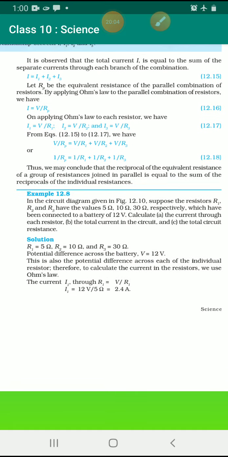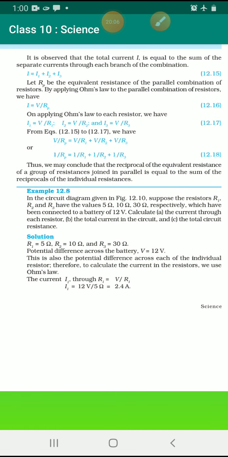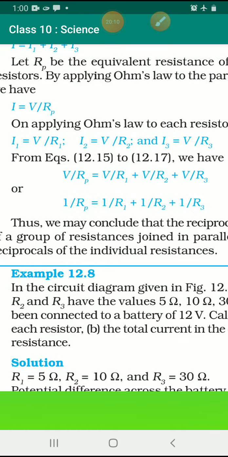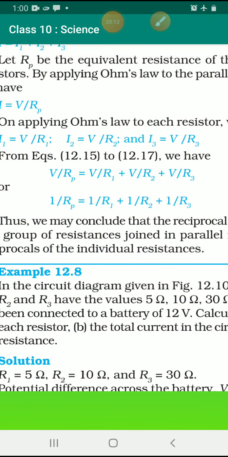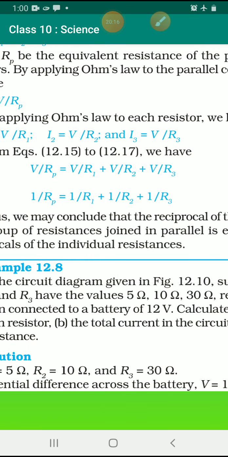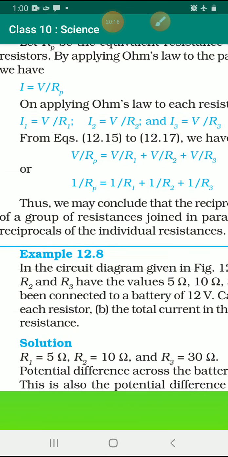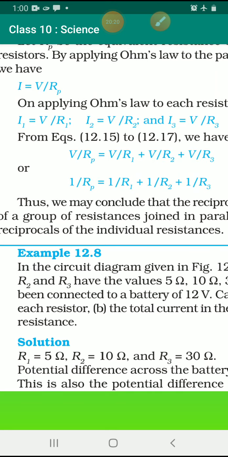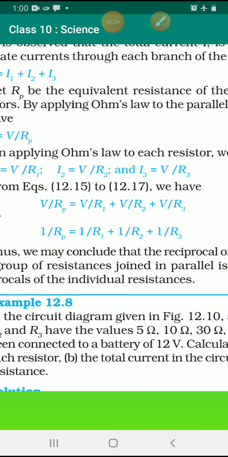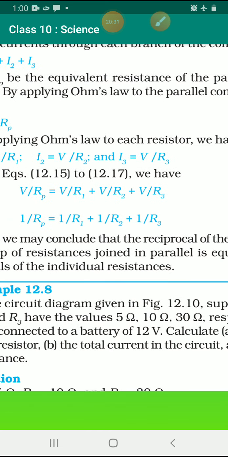On applying Ohm's law to each resistor, we get I1 is equal to V by R1, resistor 1, I2 is equal to V by R2, resistor 2, and I3 is equal to V by R3, resistor 3. So from the equation, V divided by Rp is equal to V by R1 plus V by R2 plus V by R3.